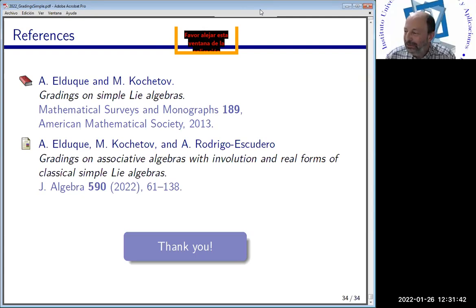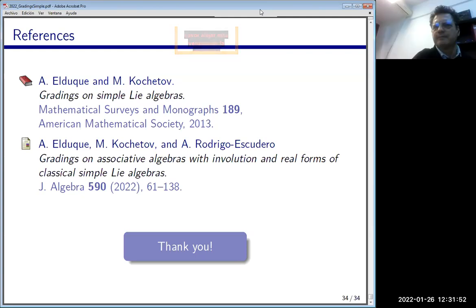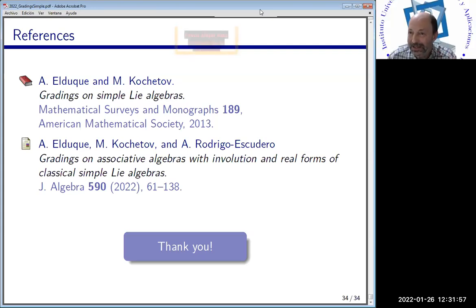Well, what happens with structurable algebras and E6 is that there is a nice simple structurable algebra whose automorphism group is E6, but the simply connected E6. While in order to classify gradings on the simple algebra of type E6, we need the adjoint group.